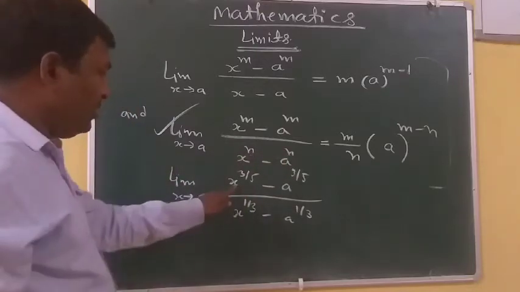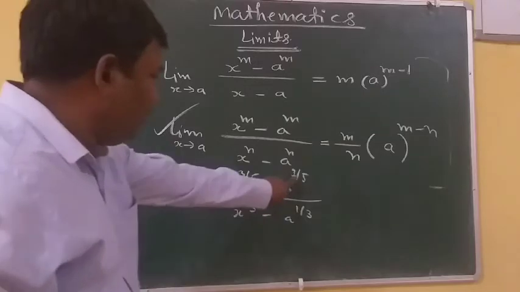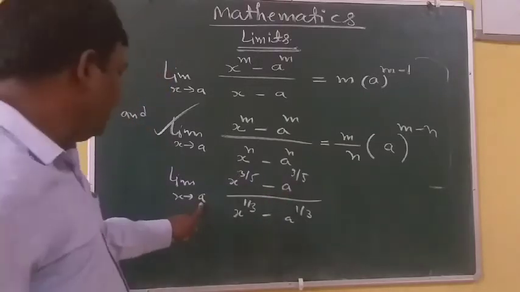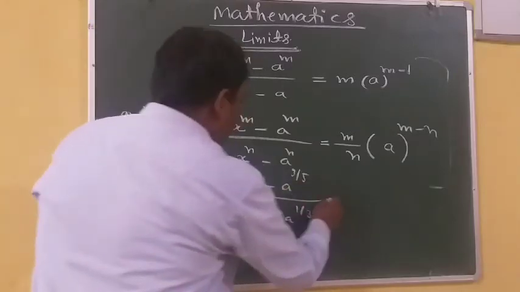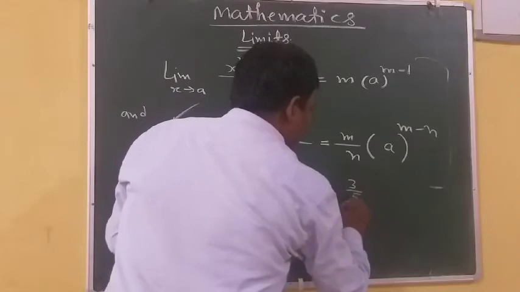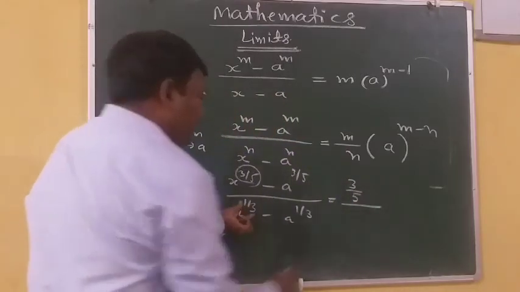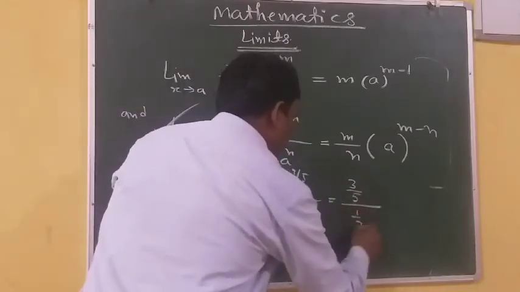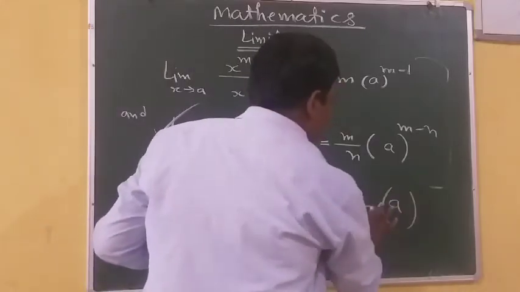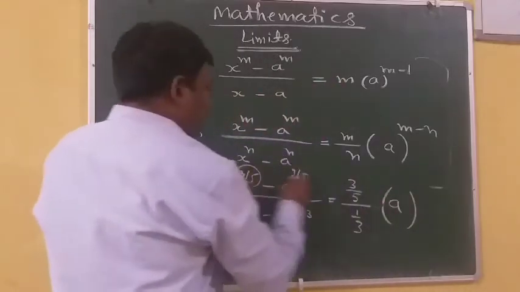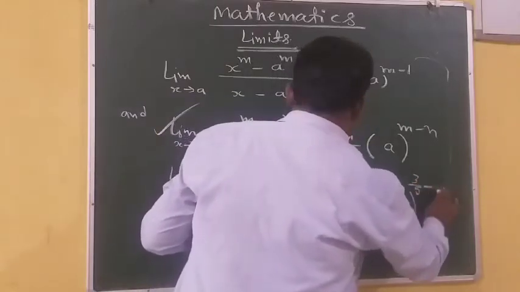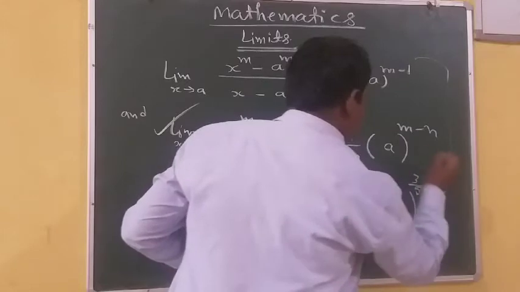Just like it here, x power 3 by 5 minus a power 3 by 5. This a is here whatever it tends to. So this may be numerator's power 3 by 5 divided by denominator's power 1 by 3, into a power numerator's power 3 by 5 minus denominator's power 1 by 3.